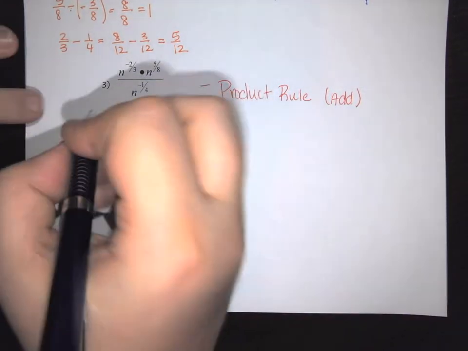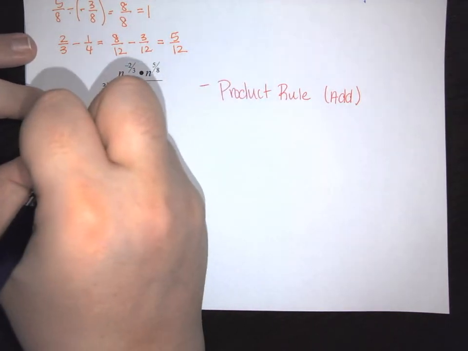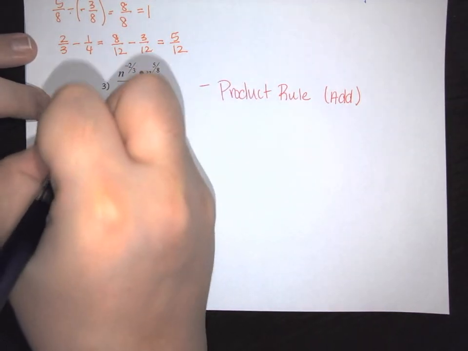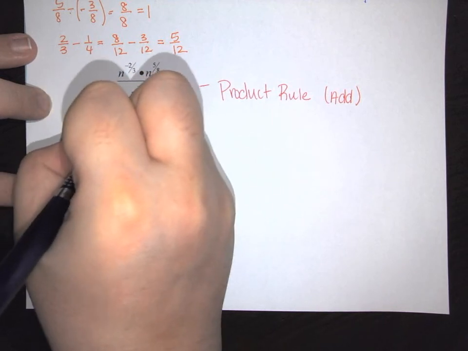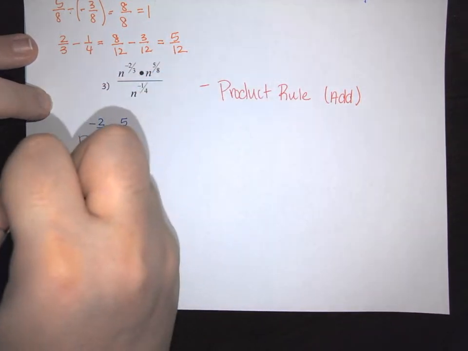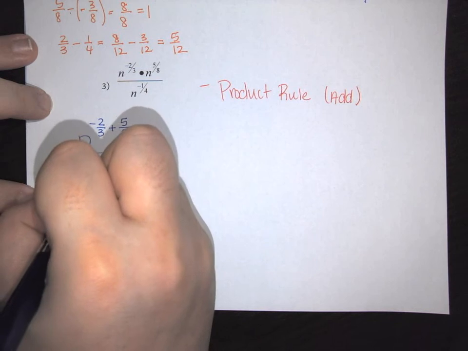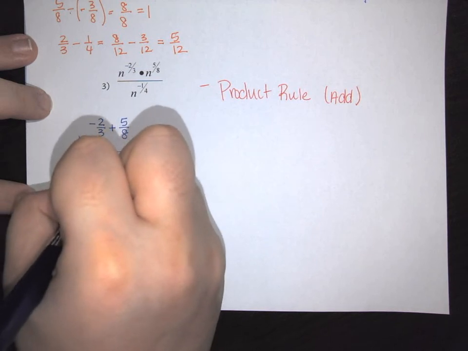So here I'm going to take my numerator and rewrite it so that I have n to the negative 2/3 plus 5/8. And this whole thing is still over the denominator, which is n to the negative 1/4.